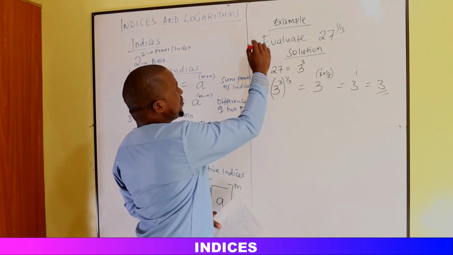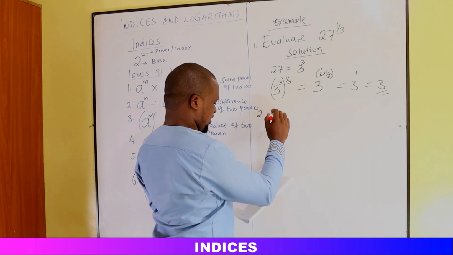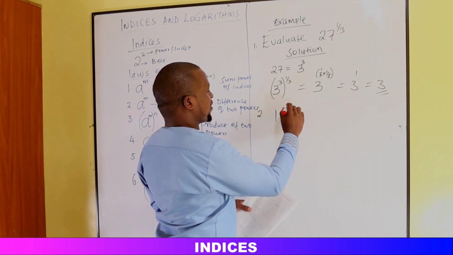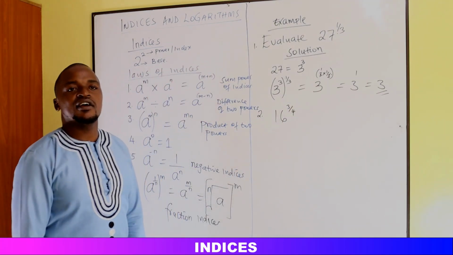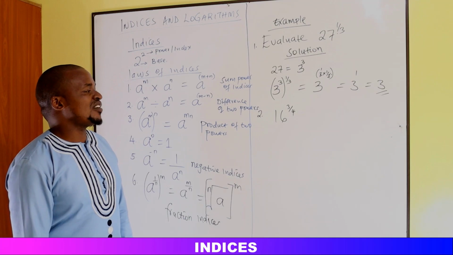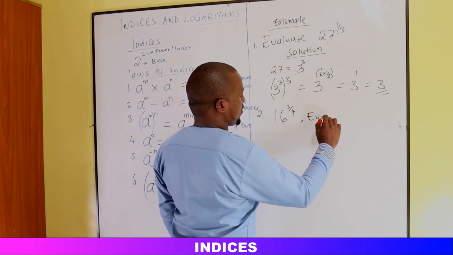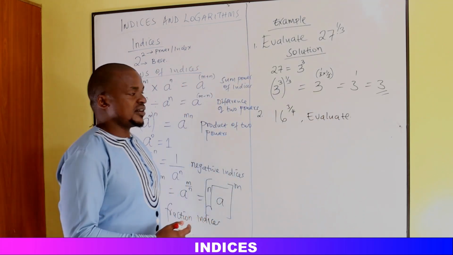Then we have another example, number 2. We have 16 raised to power 3 over 4. We are trying to evaluate, or simplify.